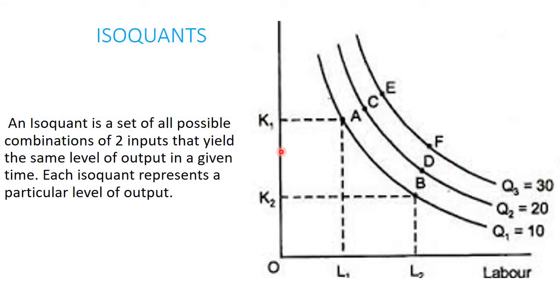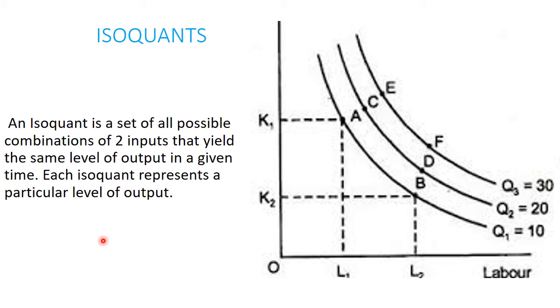Here you can observe in this diagram K1, K2, L1, L2. So capital 1, labor 1, capital 2, labor 2. Here he is getting 2 combinations A and B. So production is 10 units. And if the producer wants to show a higher level of production, he can draw another line, as we saw in the indifference curve.